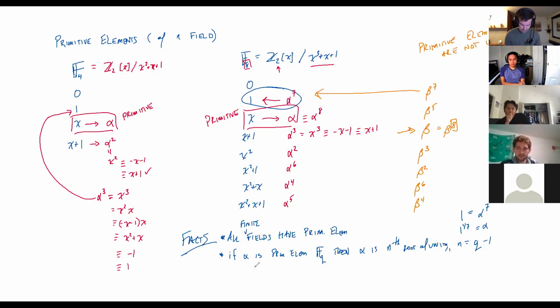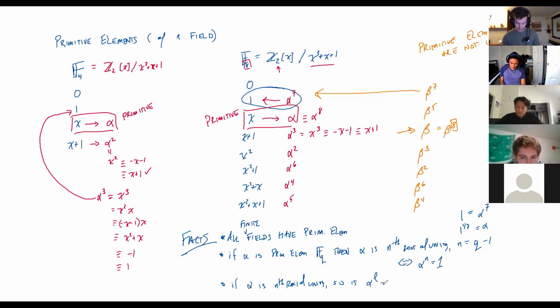And then what else do we know? So this is identical to saying alpha to the n is always equal to 1 in the field. And if alpha is an nth root of unity, so is alpha to the L, where L is another integer. Why? Because alpha nth root of unity means alpha to the n equals 1.